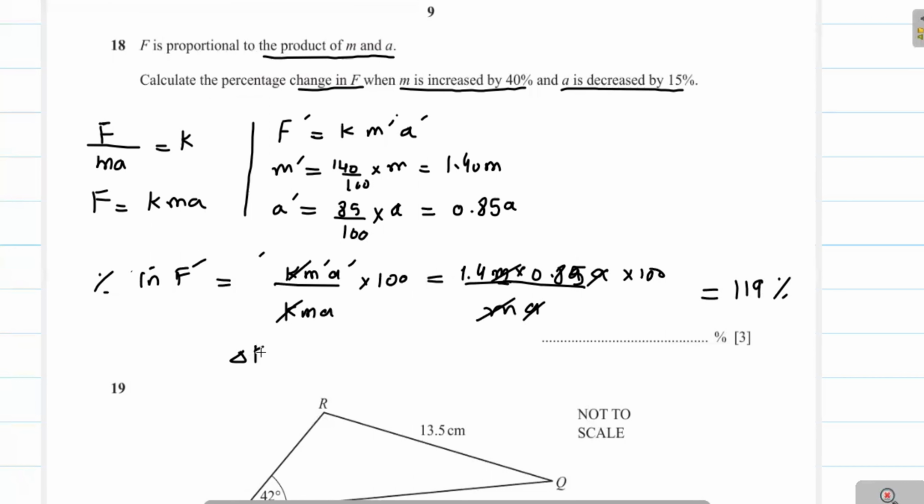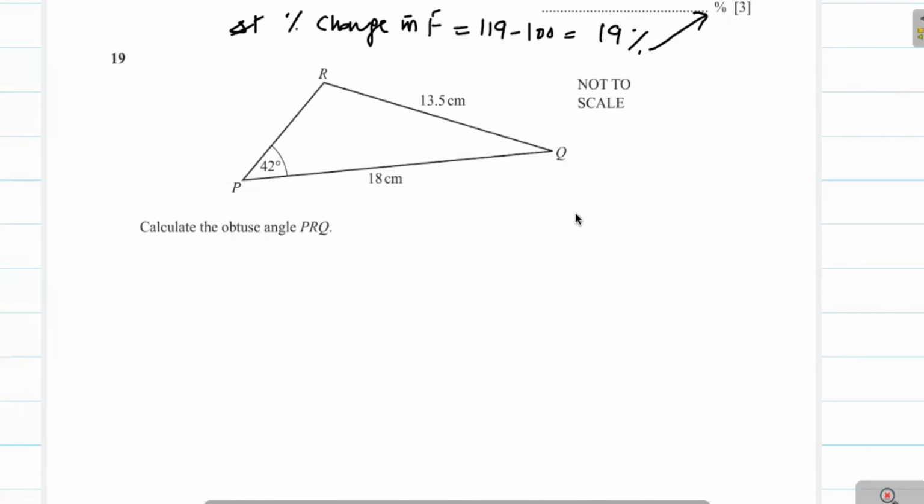Now the percentage change in F will be equal to 119 minus 100. That's equal to 19%. This is the answer.